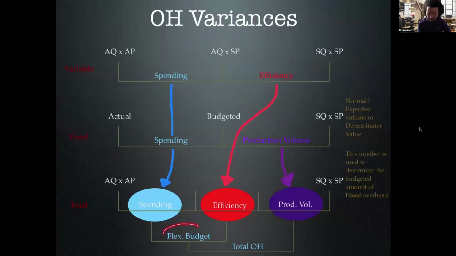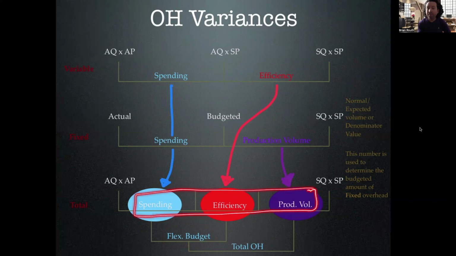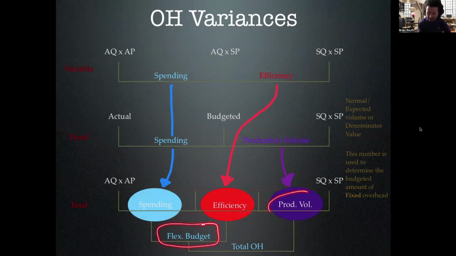Then we can calculate our total flexible budget variance by combining the spending and efficiency variances. And then to get our total overhead variance, we have two ways we can do that. We can combine the three overhead variances together, again, watching the signs. Or we can combine the flexible budget variance and the production volume variance to get the total overhead variance.